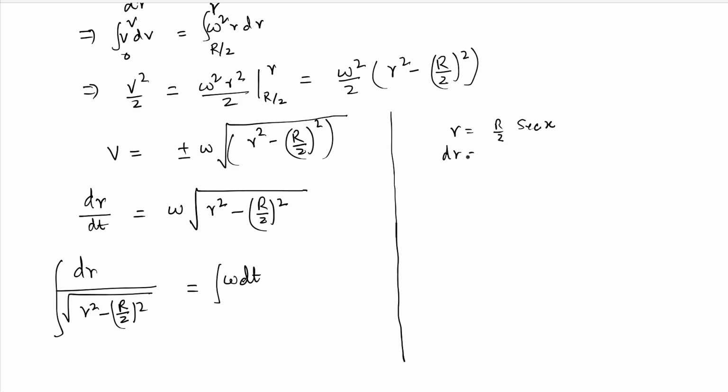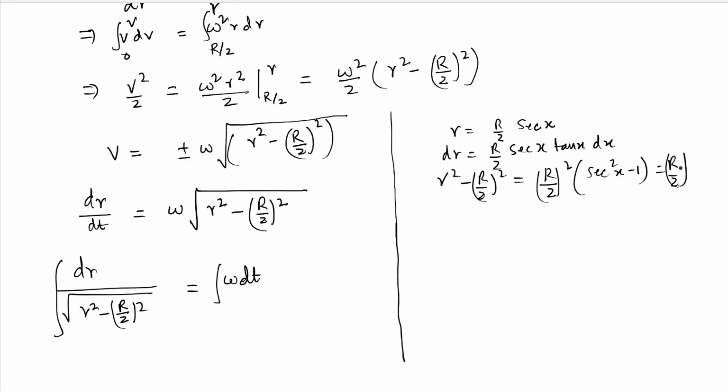We can simply put r equal to r by 2, let's say, sec x. So dr is r by 2 sec x tan x dx, and r square minus r by 2 whole square is r by 2 whole square times sec square x minus 1, which is r by 2 whole square tan square x. Therefore this integration becomes sec x tan x dx divided by r by 2 tan x.